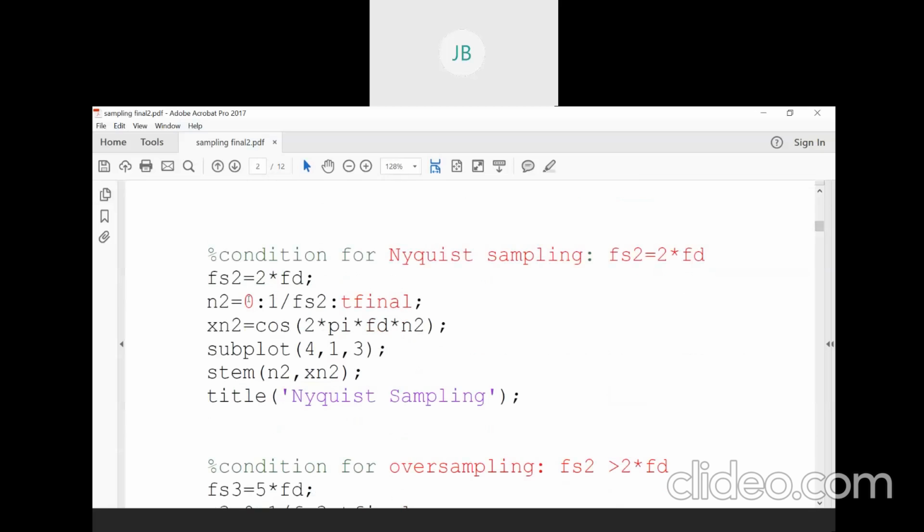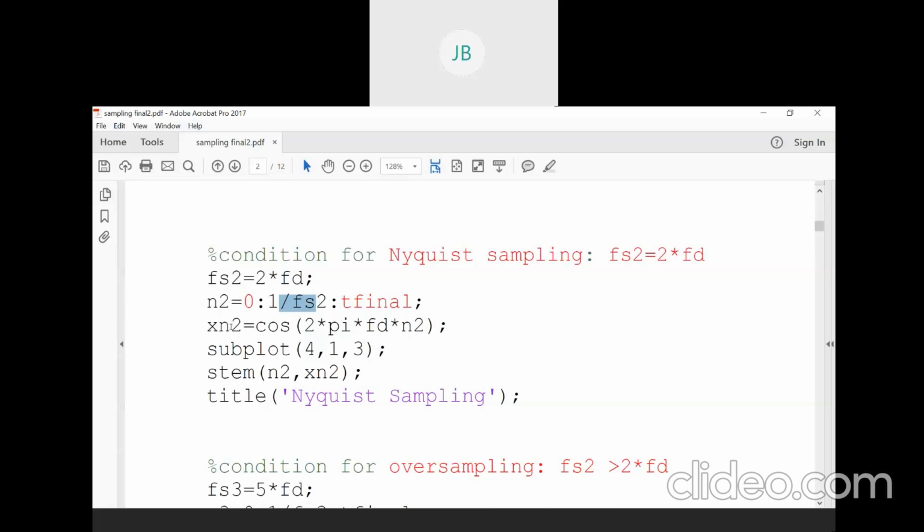In this case, fs2 is 2 times fd, so a higher frequency. So 1 by fs2 is a lower value than the previous undersampling case. So time instants are very small here, very close, right?